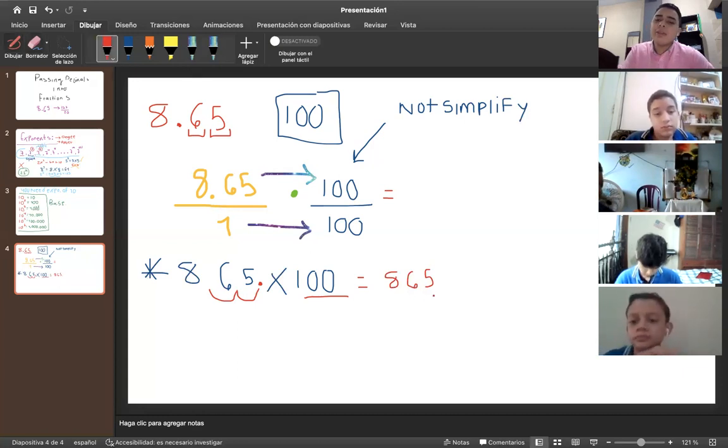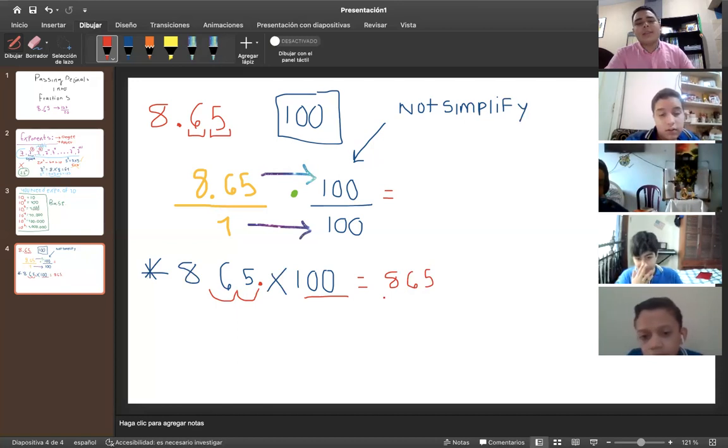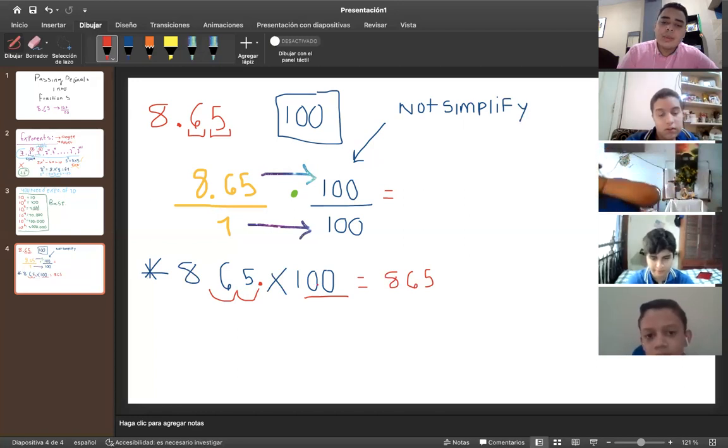So how can we read this number, kids? 865. 865, yes. So if you multiply 8.65 times 100, it's going to be 865, because depending on how many zeros you have in here, you move your decimal point, okay?